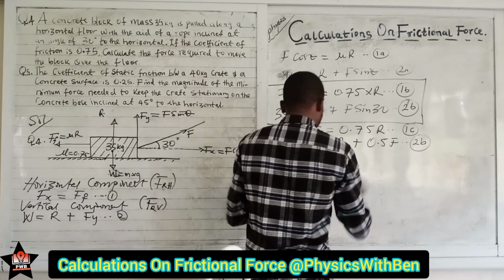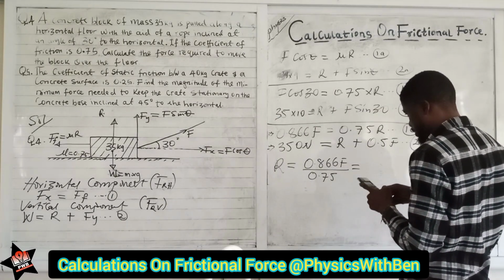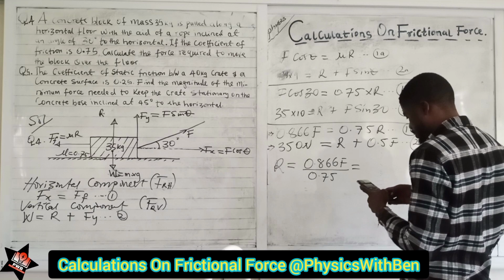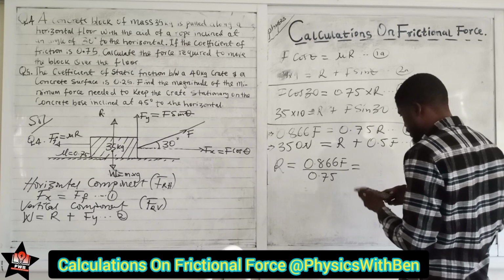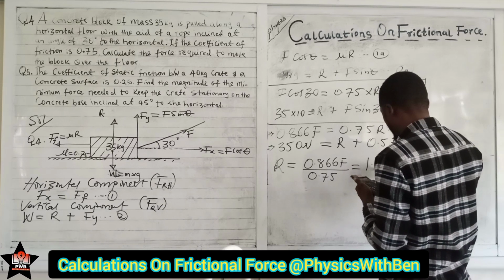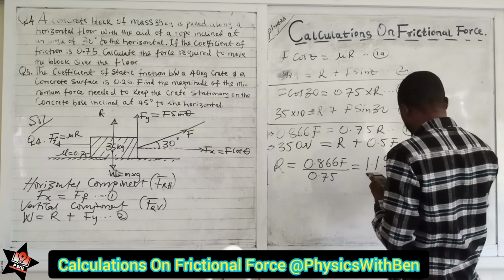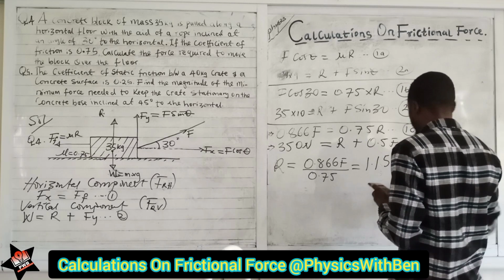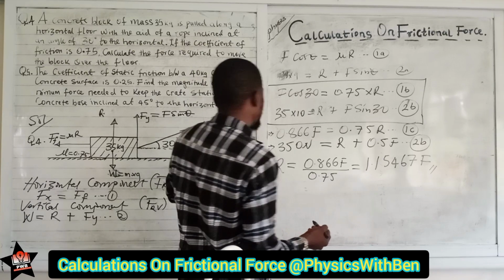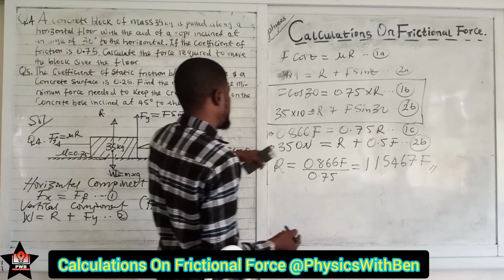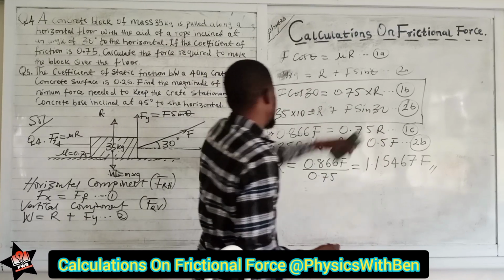Do that correctly, you have 0.866 divided by 0.75. We got 1.15467 F. So we are going to put this in equation 2b or equation 1c.